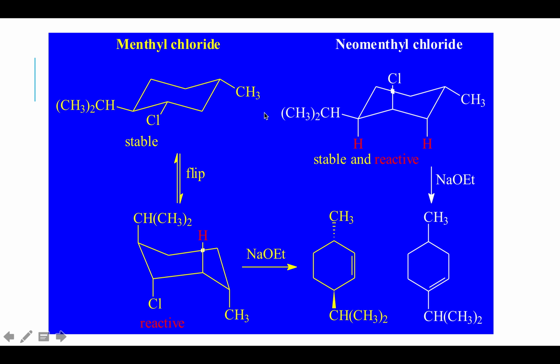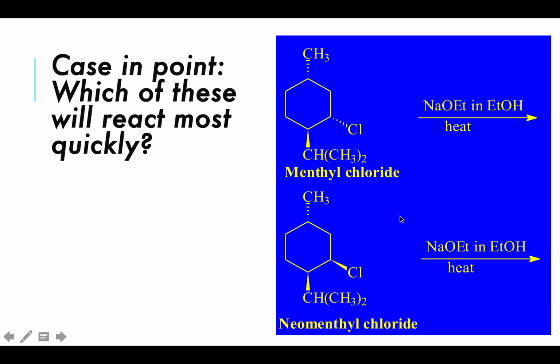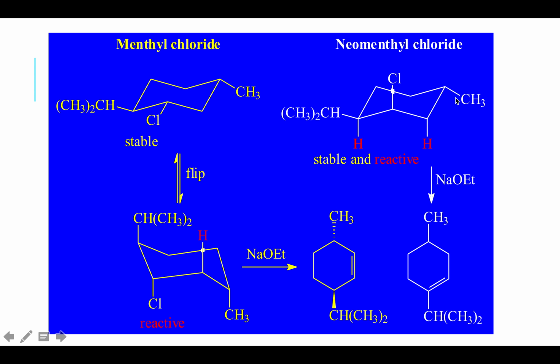Up, down, down. Now look at the neomenthyl chloride. Again, for this demonstration, I defined up as the wedge position and down as the dash. So isopropyl up, chloride up, methyl down. Draw the chair, put them in the proper positions. Up, up, down. Now, the next step is to draw their chair forms or their flipped forms. Let's flip this one. And let's flip this one.